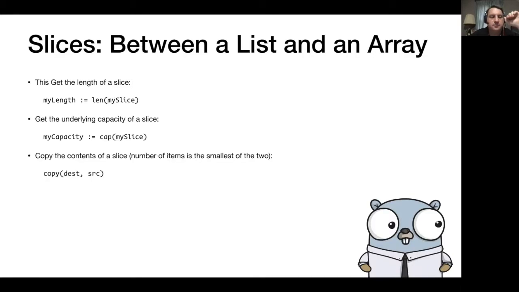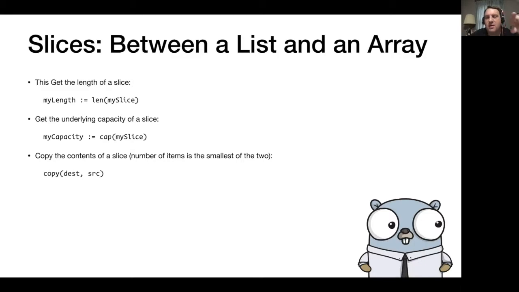And then this copy command is kind of a dangerous command because it doesn't necessarily do what you expect it to do. It copies the contents of a slice, yes, but it only copies the smallest number of elements of both destination and source.